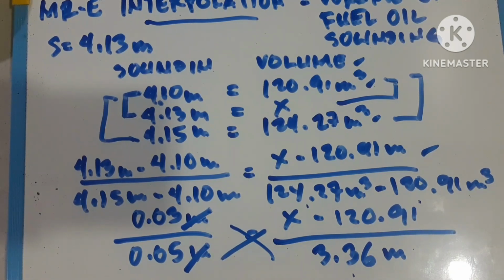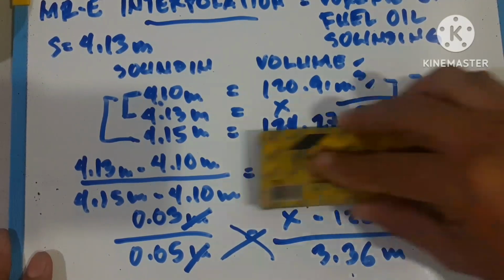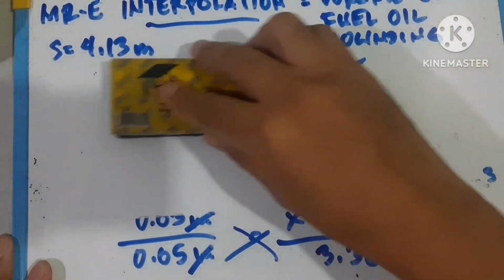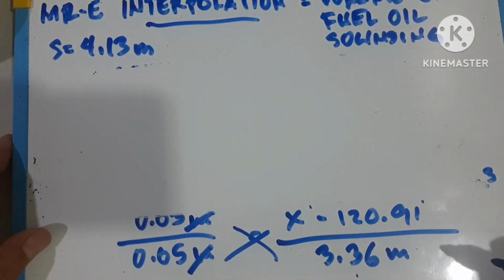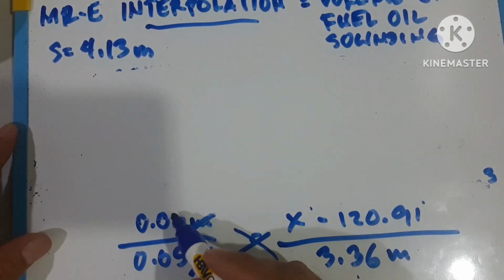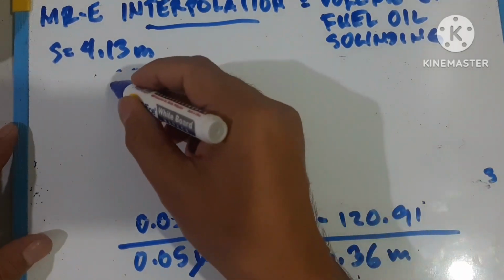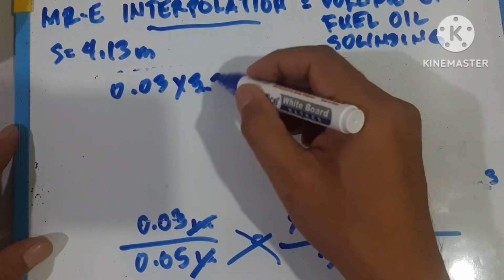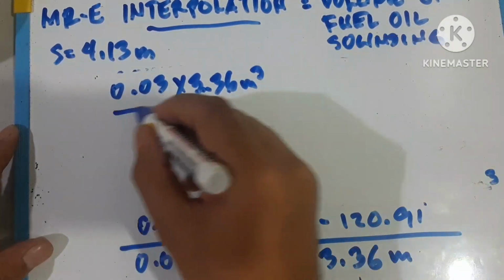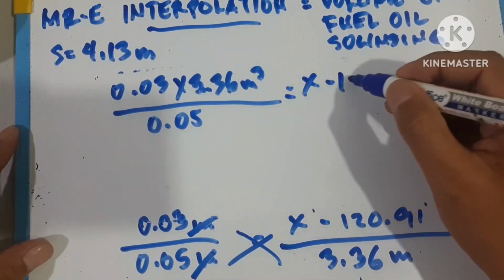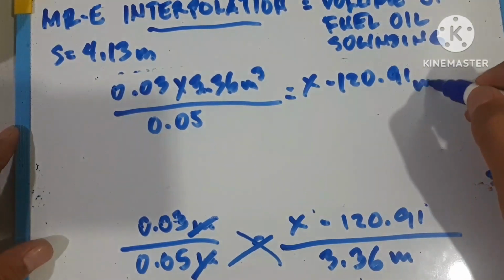So we need to erase the whole thing so that we can continue explaining the next procedures. So here, 0.03 multiplied by 3.36 cubic meter divided by 0.05 is equal to x minus 120.91 cubic meter.